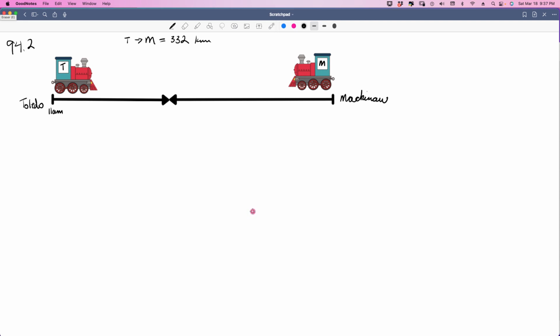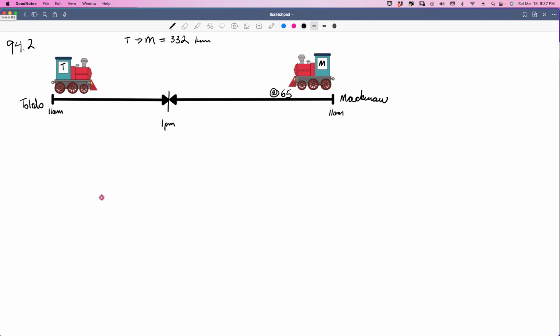All right, at the same time that the Toledo train leaves, so at 11 a.m., we have a Mackinac train leaving as well. And he heads for Toledo, and he is traveling at 65 kilometers per hour. If they meet right here at 1 p.m., what is the rate of the Toledo train?